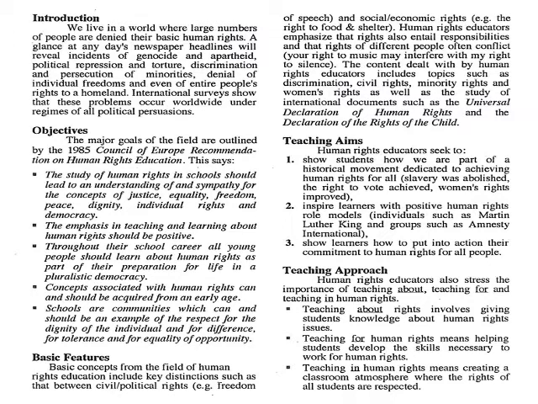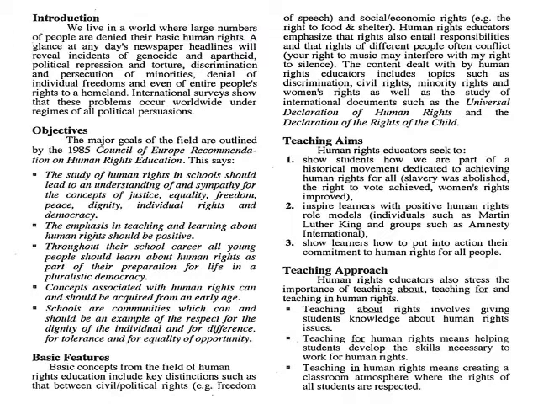Children can deal with issues of fairness and rights, as well as adults and older people. And last, schools are communities which can and should be an example of the respect for the dignity of the individual and for difference, for tolerance, and for equality of opportunity. In other words, schools and our language classrooms should model what it means to respect the rights of our learners, of differences, of diversity.